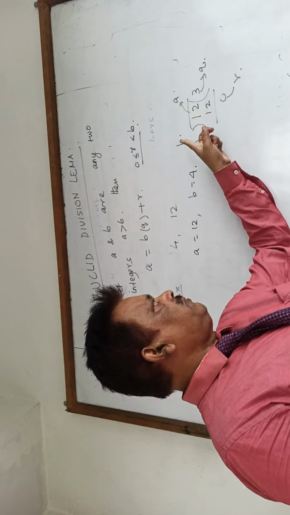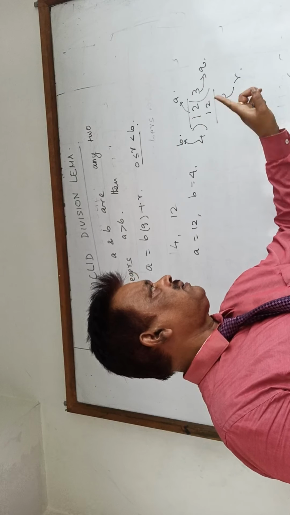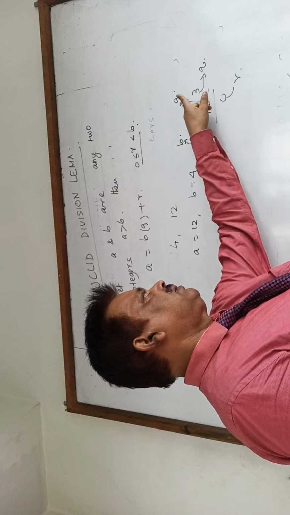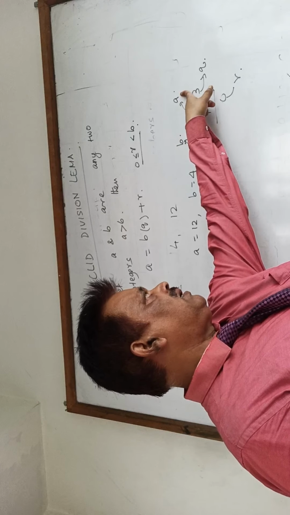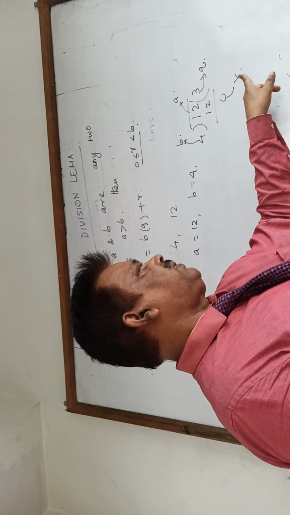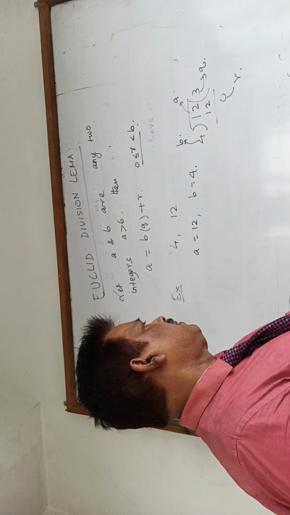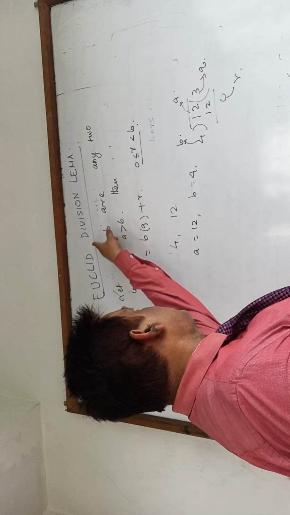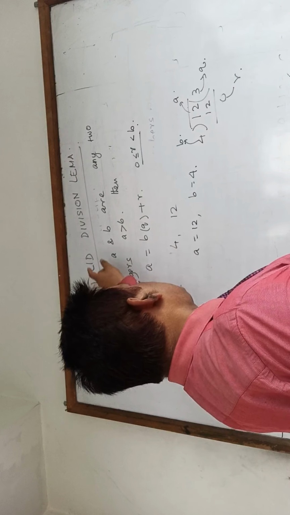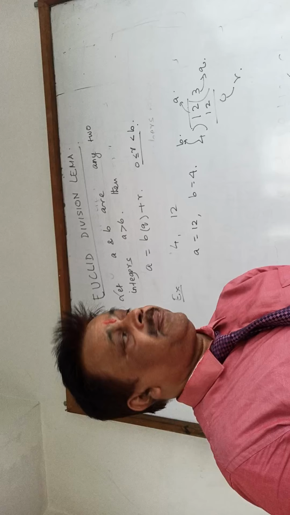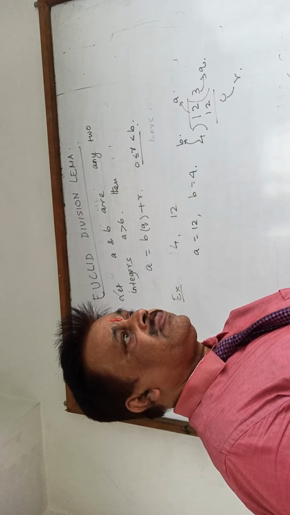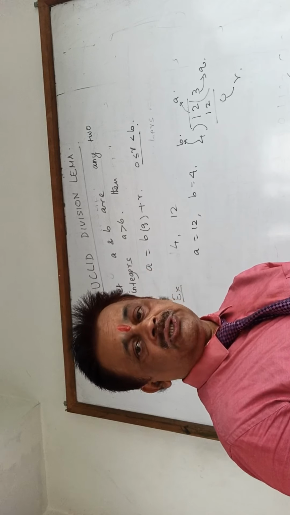A equals BQ plus R. That means dividend equals divisor into quotient plus remainder. This is what you define as Euclid's lemma. Then where are you going to use this? We are going to use this to find the HCF of two numbers.